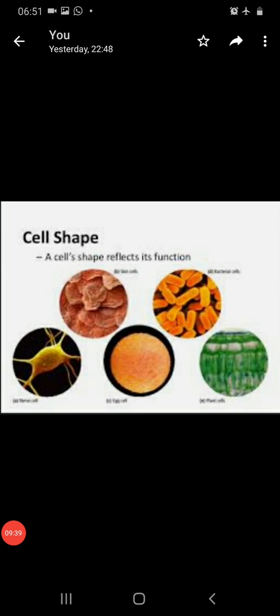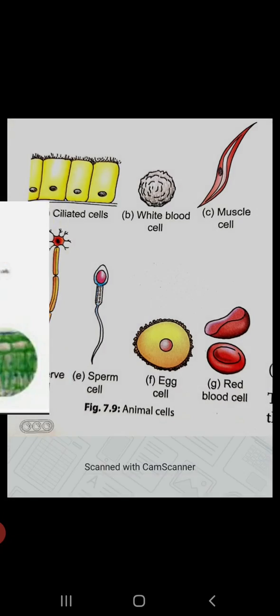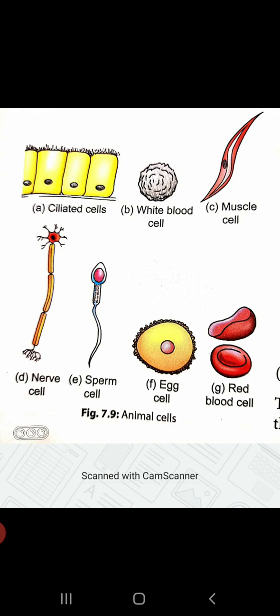The next topic that we have is cell shape. The cells occur in different shapes, and these shapes are related to the specific functions that they have to perform. For example, here in the picture we can see different kinds of cells. We see white blood cells, ciliated cells, then we also have the picture of nerve cell, egg cell, red blood cells.